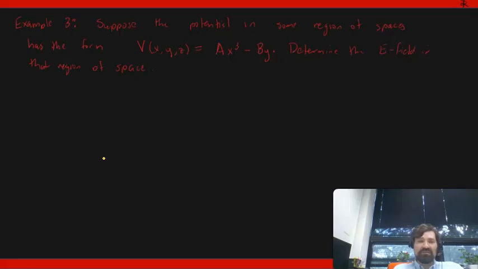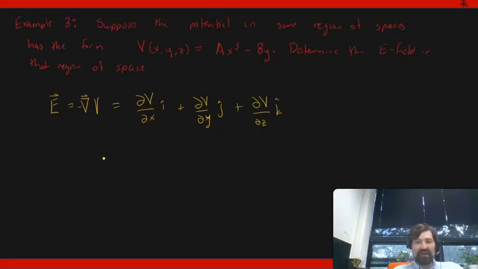The way to solve that is that E should look like the negative gradient of V. So that's going to be dV by dx i hat plus dV by dy j hat plus dV by dz k hat.